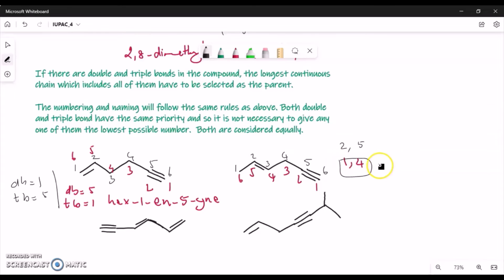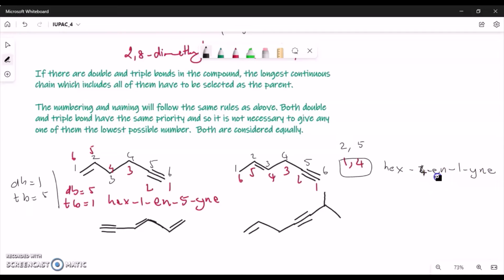So the complete name is hex-4-ene-1-yne. So why is it written like that?